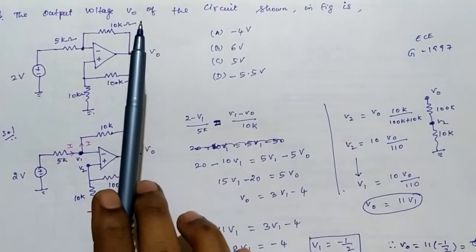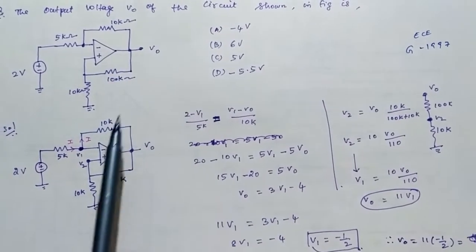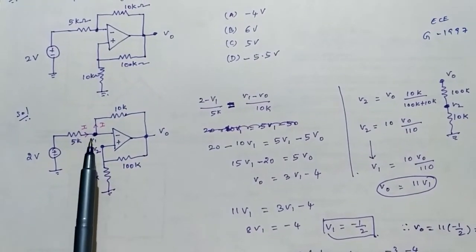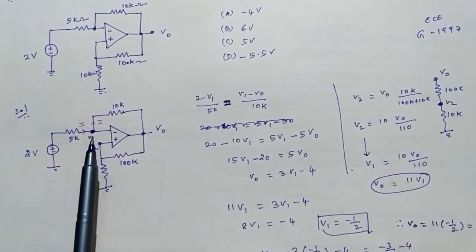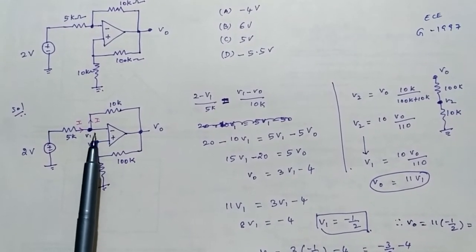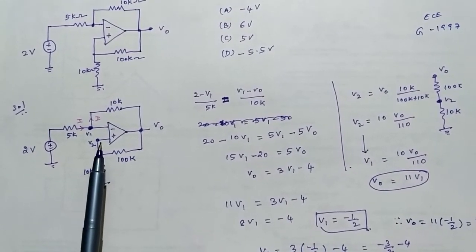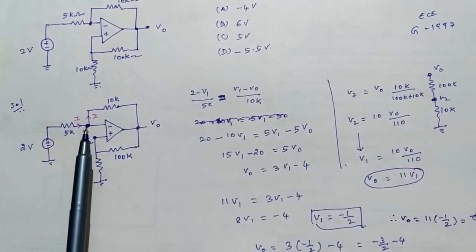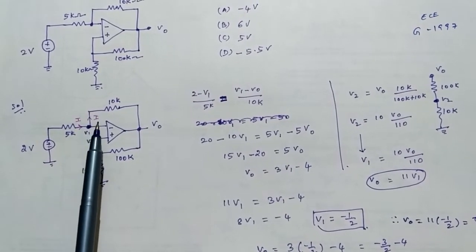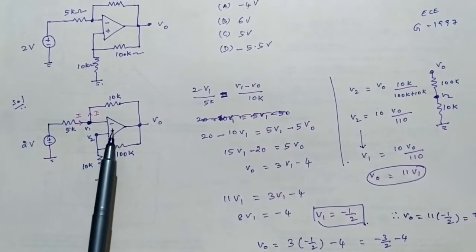What is the output voltage of the given circuit? The choices are given. Once again we redraw the circuit. V1 is the inverting terminal voltage and V2 is the non-inverting terminal voltage. At this node V1, the incoming current is equal to the outgoing current, since no current flows into the op-amp.